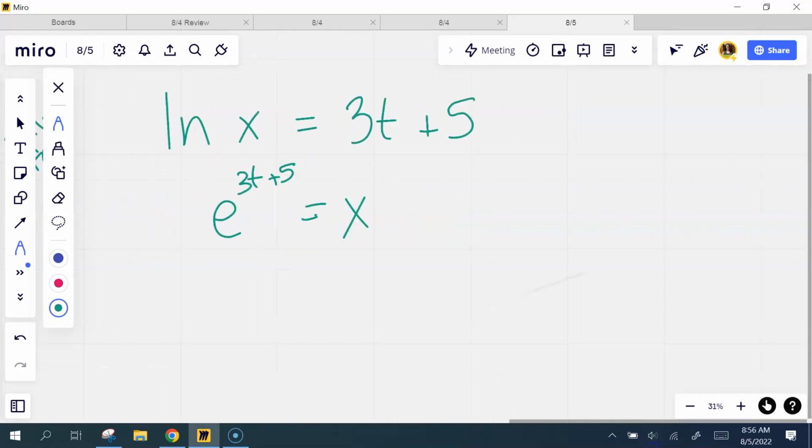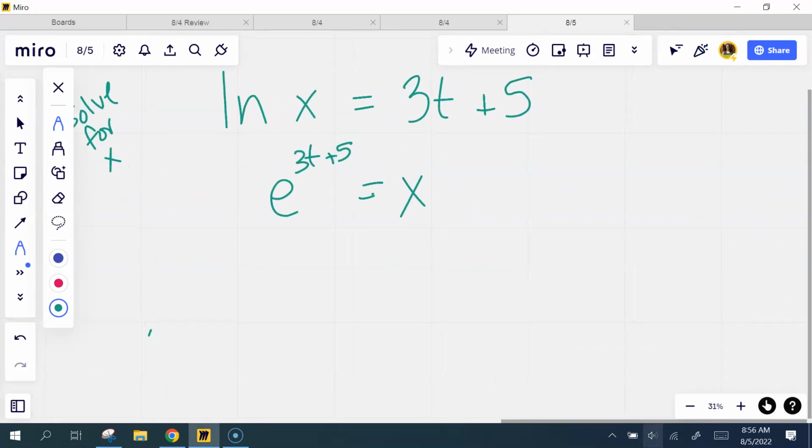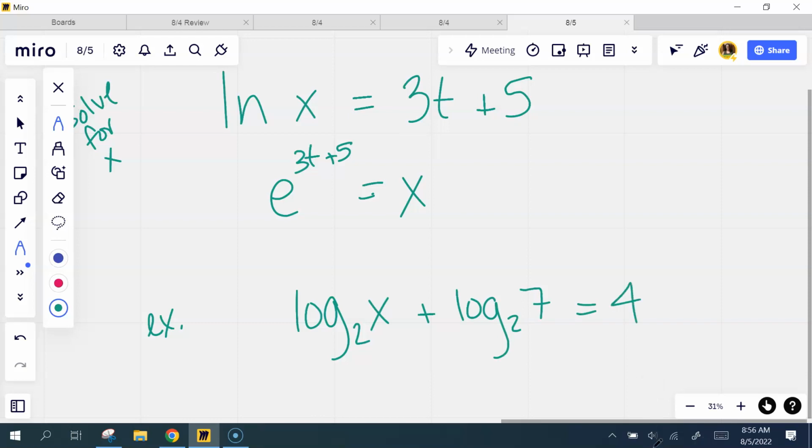What if I had, I don't want to move to, how would you solve that for x?